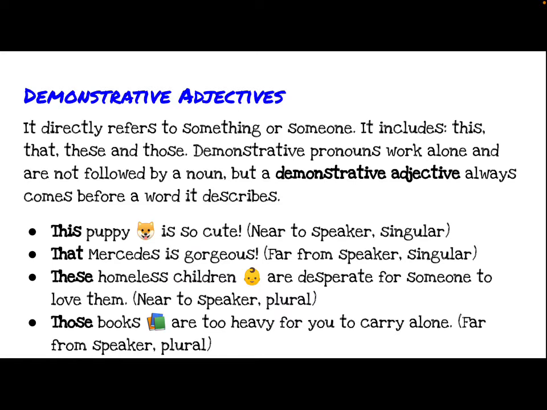Here, the children are near to the speaker, and there are a few children and not one child. It is in the plural form. Hence, we use these. Those books are too heavy for you to carry alone. Here, the books are far from the speaker, and it is in the plural form. Hence, we use those and not these.